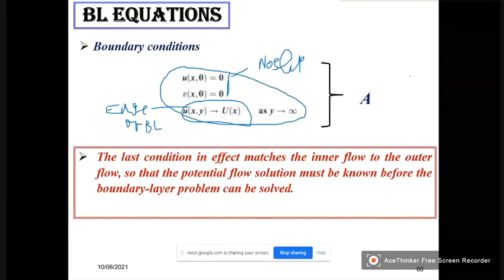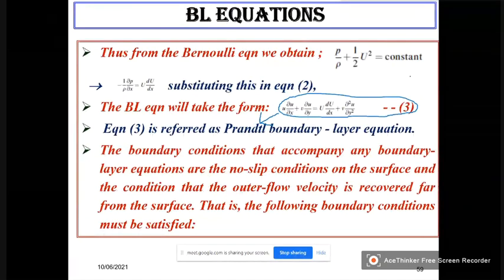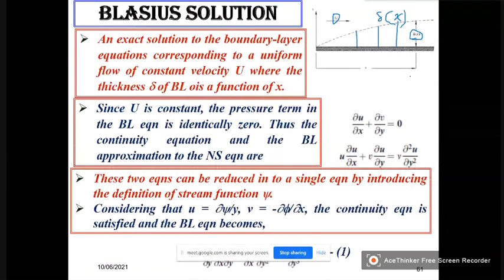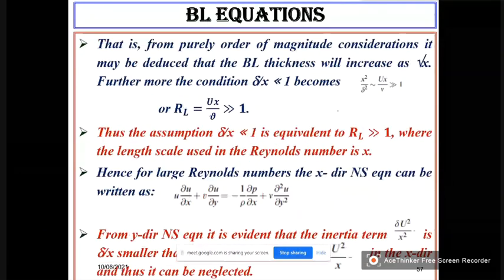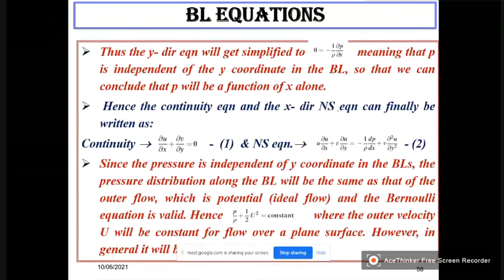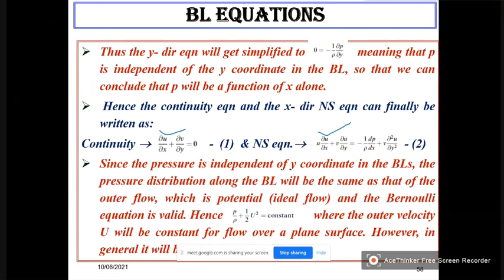So these are the two equations. These two equations are the same as those equations I have written here. See, these are the simplified form of this equation and this equation.